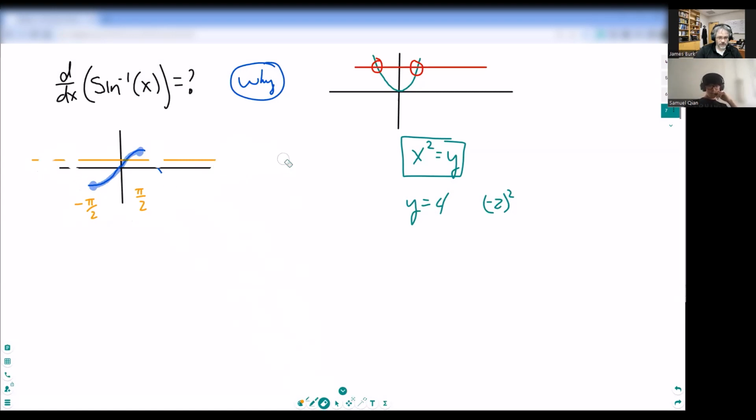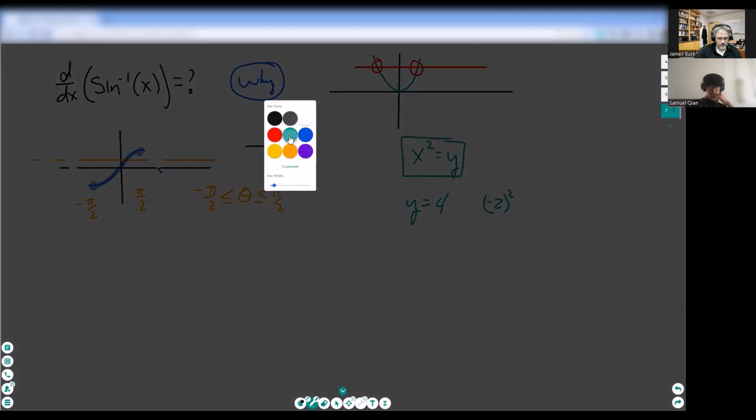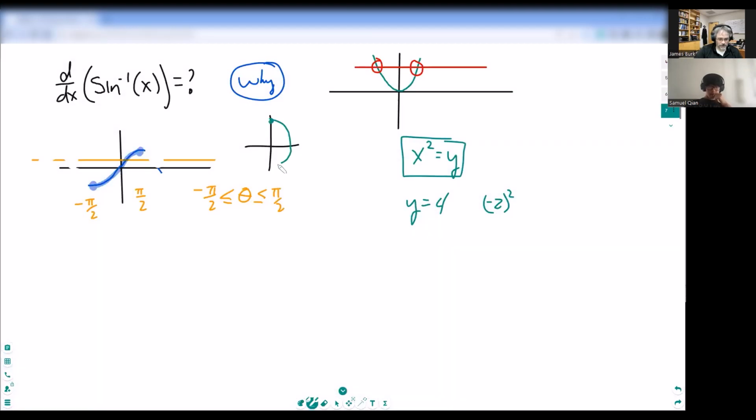So whenever you're talking about the inverse sine, that's what's in the background. Samuel, this is what's implied. It's implicit. So theta has to go between pi over 2 and negative pi over 2. Now, in terms of the unit circle, that means you're really looking at quadrants 1 and 4.